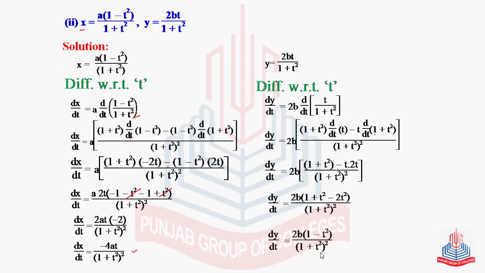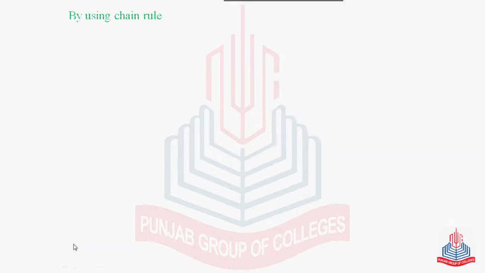So now we have calculated our dy by dt and dx by dt separately, and by using our chain rule we will form our dy by dx. So by using the chain rule, dy by dx is equal to dy by dt into dt by dx. Again, we are actually converting dx by dt into dt by dx by using our chain rule.